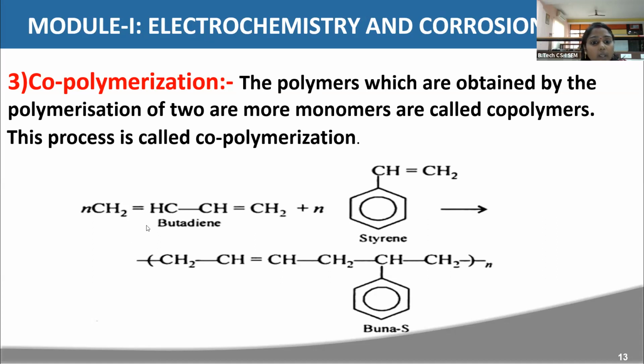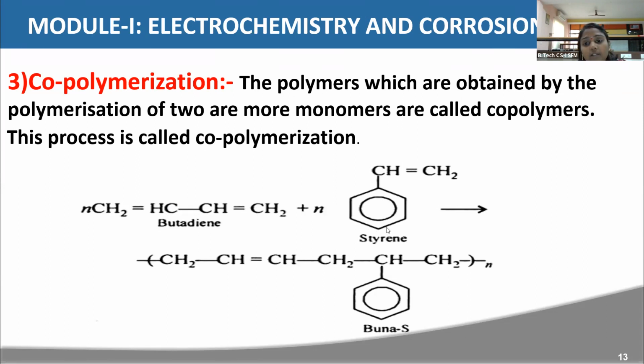You can observe butadiene. Buta means 4 carbons. Ene means double bond: CH2=CH-CH=CH2. This is the structure of butadiene.